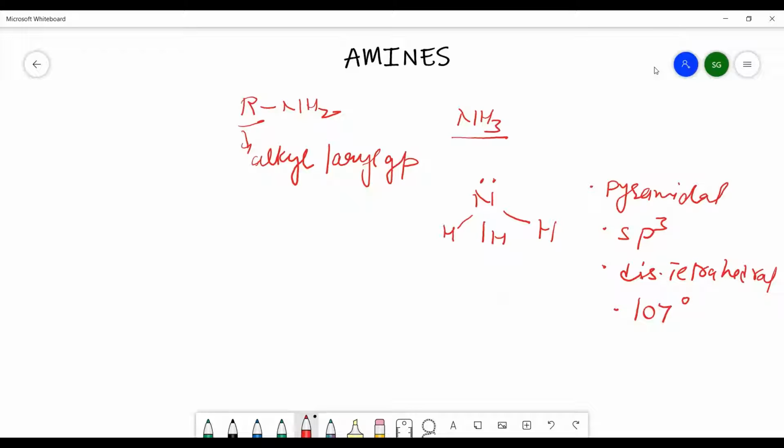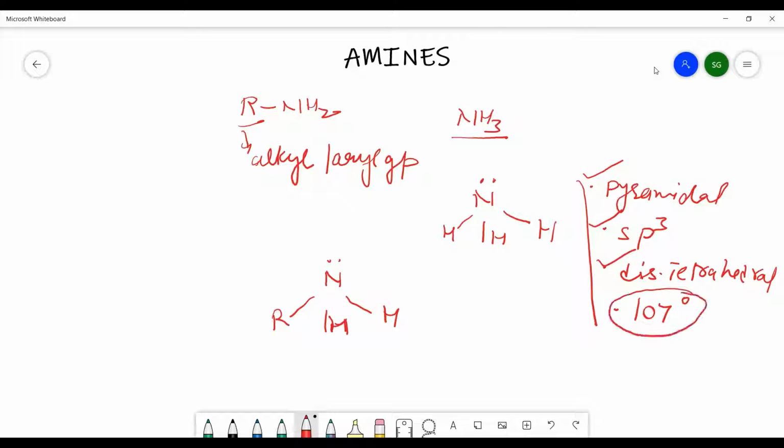Now, if we look at amines, all the parameters are the same. The amine has an R group and two H groups, which is the primary amine we will see in the classification. They have a pyramidal shape, sp3 hybridization, and a distorted tetrahedral structure, but the bond angle is different.